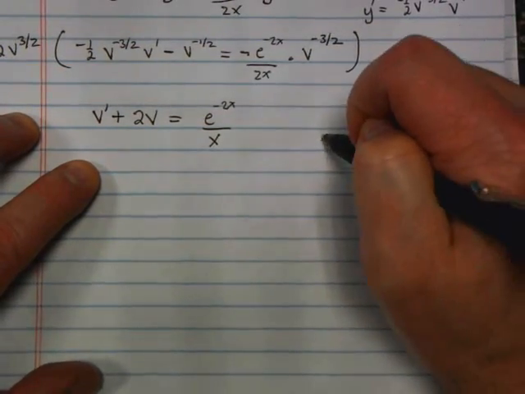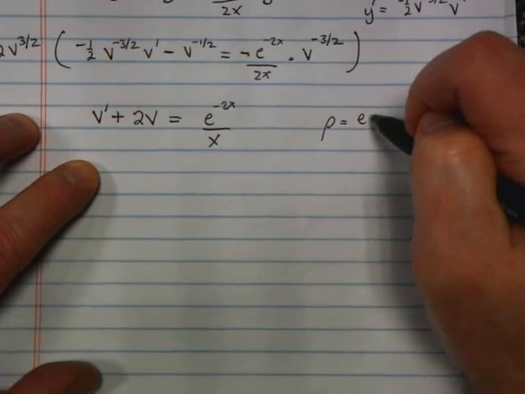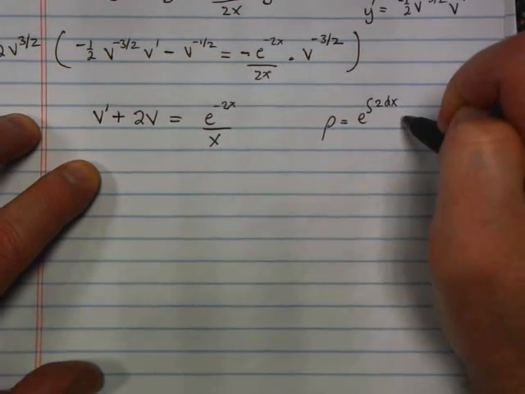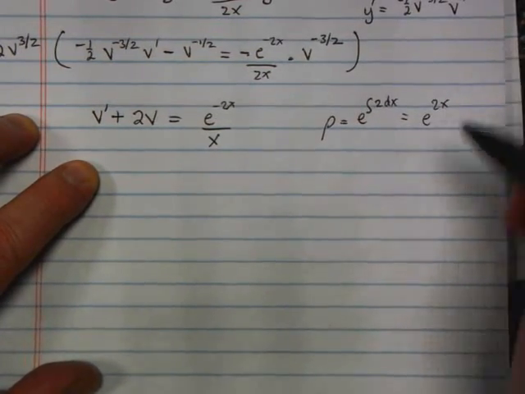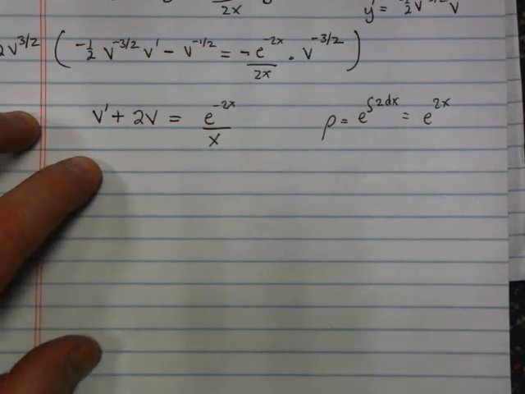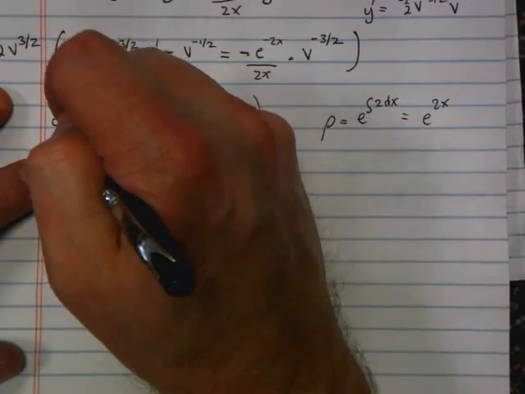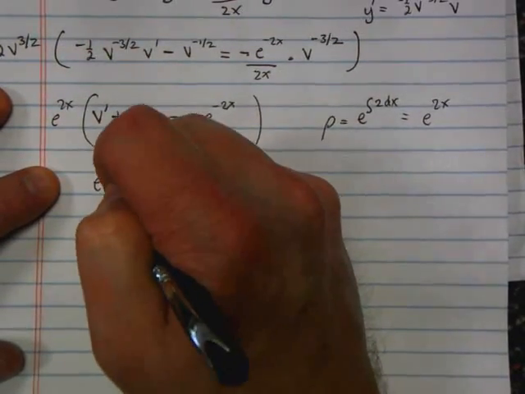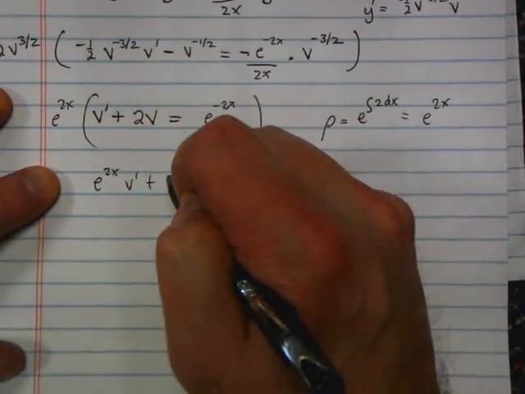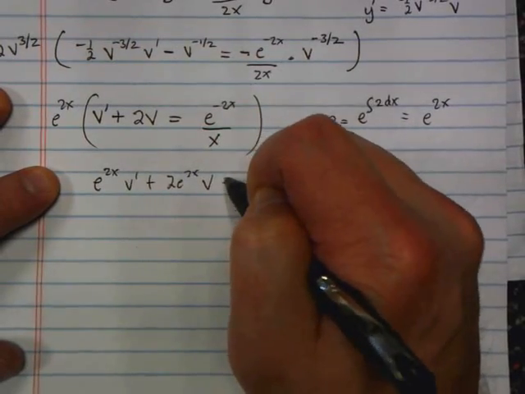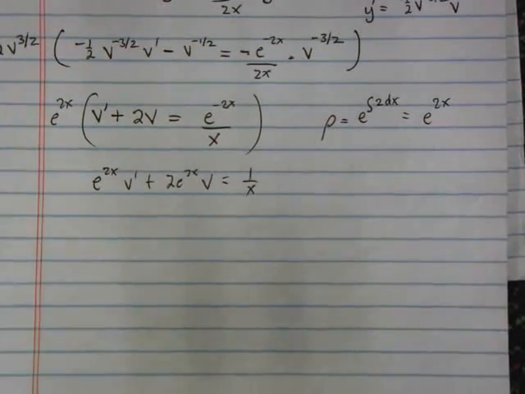Rho equals e to the integral 2 dx, so rho is e to the 2x. And I think I'm going to like that very much, because when I take this whole equation and multiply by e to the 2x, e to the 2x v prime plus 2e to the 2x v equals 1 over x.